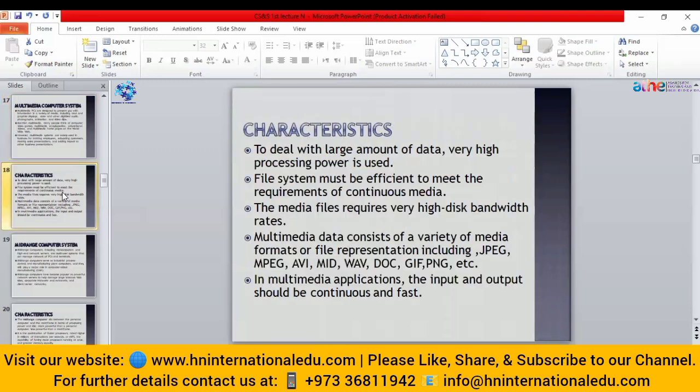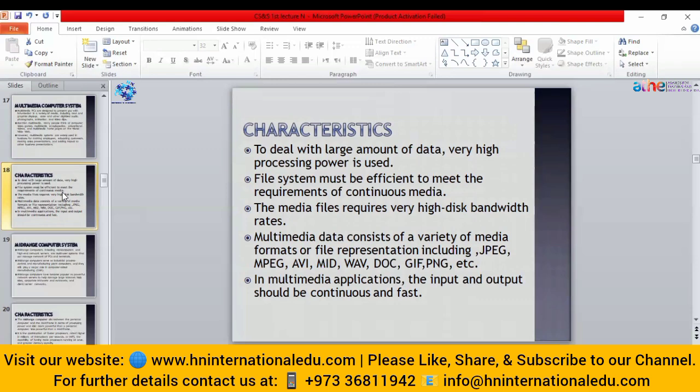To deal with a large amount of data, very high processing power is used. The file system must be efficient to meet the requirements of continuous media, because the video must run at fast speed, otherwise there will be halts or pauses we have to face, and the output will not be accurate. So the file system must be able to handle continuous media.